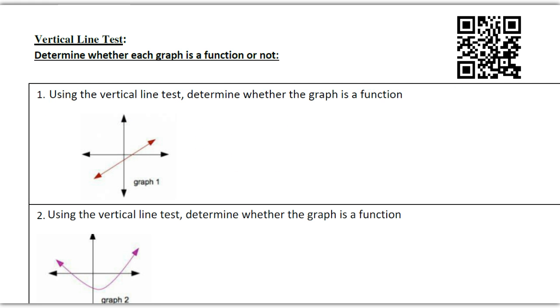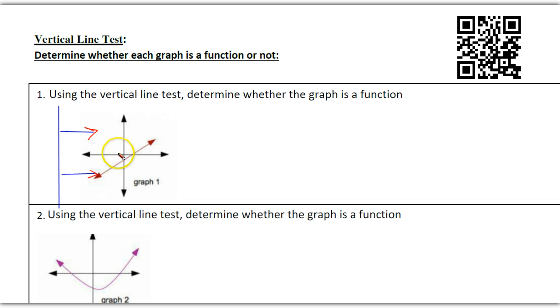Here we're asked to use the vertical line test. And if you recall, the vertical line test was a vertical line that we pass over the face of our diagram, and as we pass this line over it, is it intersecting it more than one place?